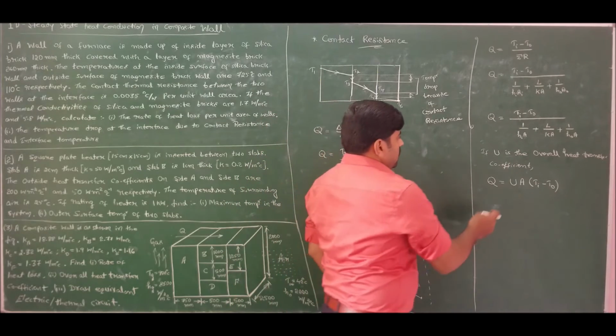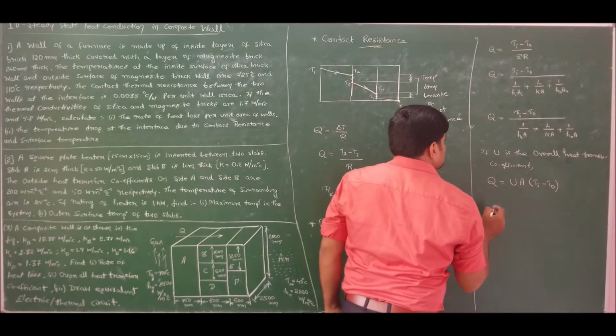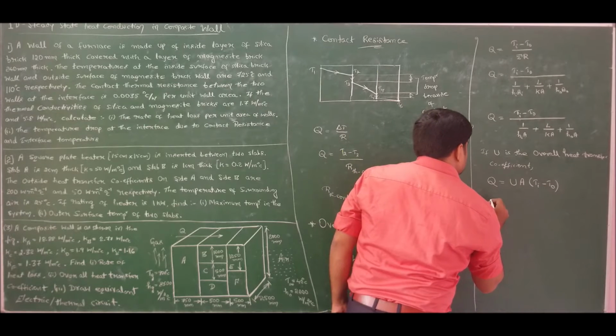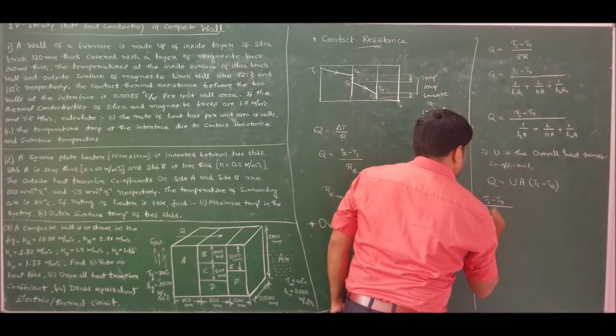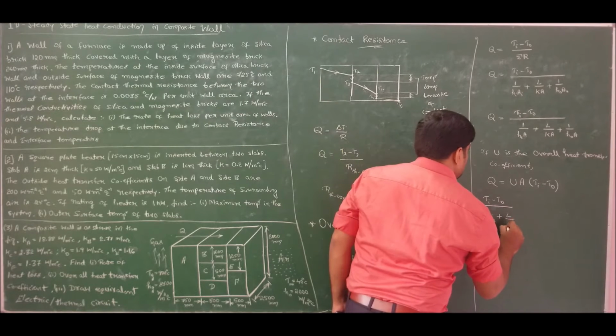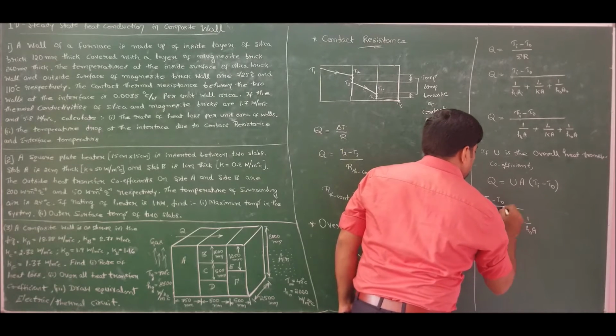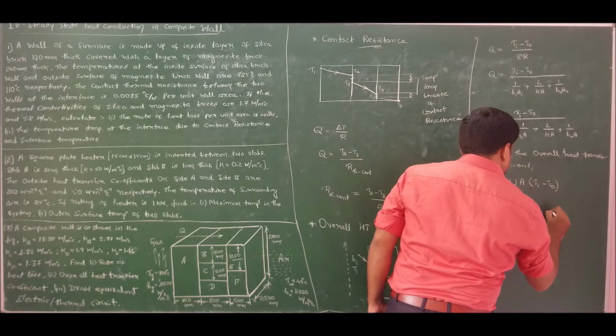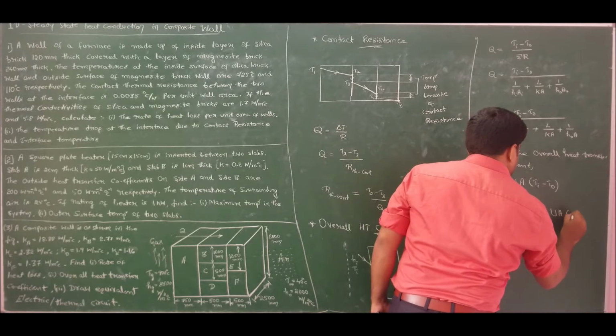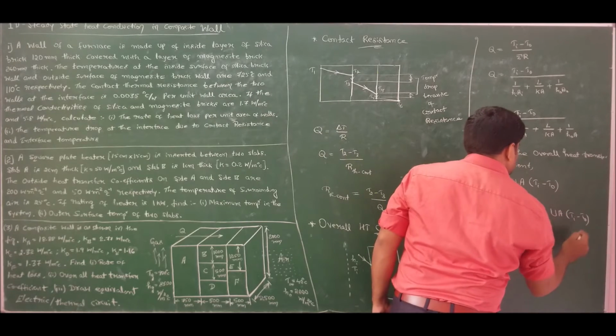Now, if I equate these two equations, we can write Ti minus T0 divided by (1/HiA + L/KA + 1/H0A) is equal to UA (Ti − T0).